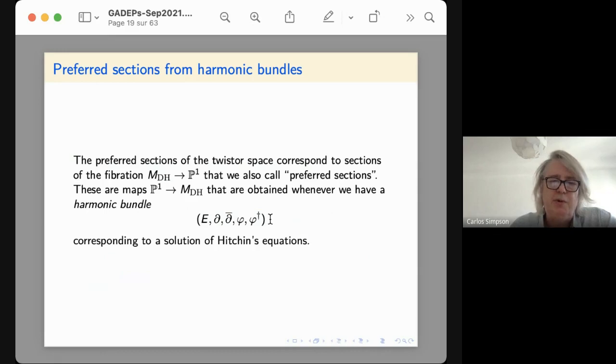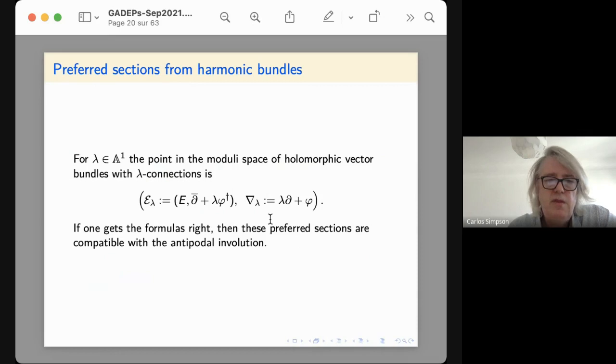Those are all related by the existence of a harmonic metric such that del is the connection corresponding to del bar for that metric, and phi dagger is the adjoint of phi for that connection.